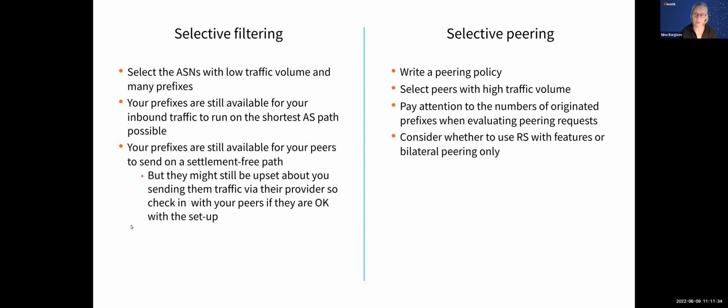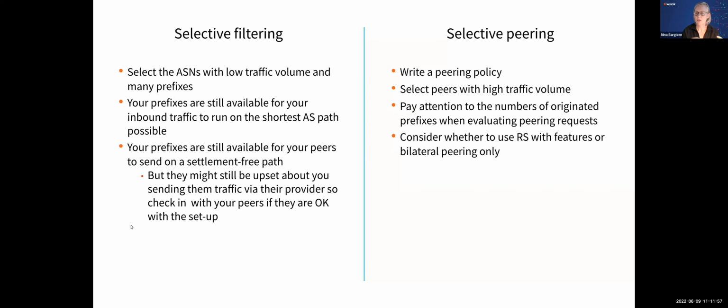We want to be mindful of that and make sure that they're okay with that. So maybe reach out, or maybe also have a look at how the traffic flows in the other direction. If they have a large amount of traffic to us, maybe they're still happy because they can still send that directly if you choose the filtering solution on the route server.